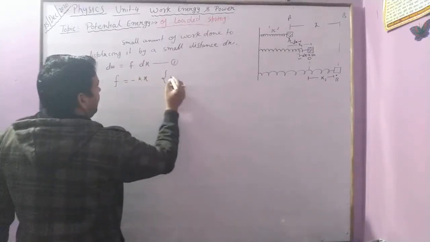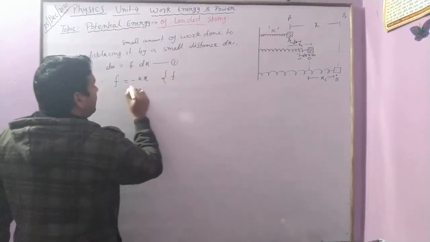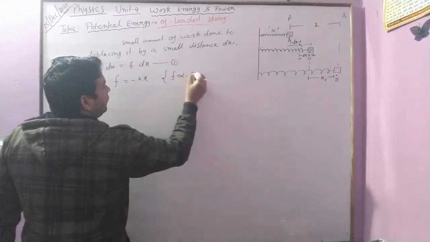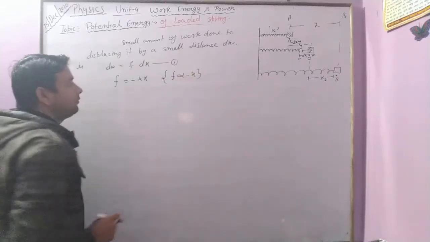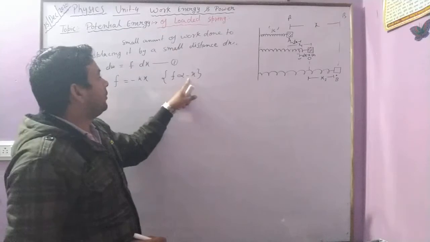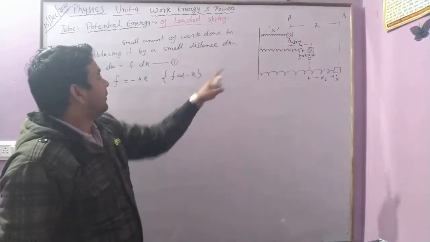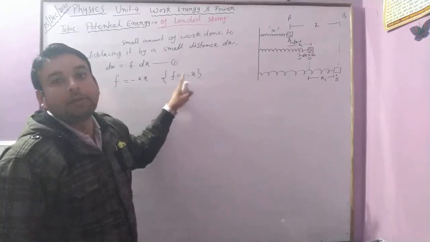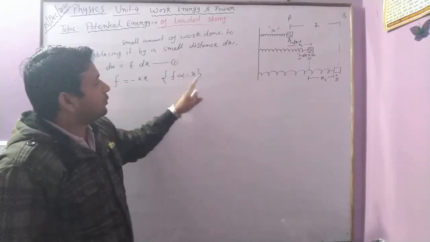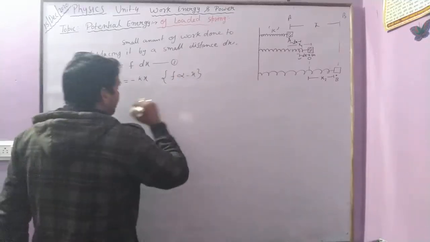Okay, where F is proportional to minus x. Here we are using the word minus x, because the displacement in the spring by applying force is numerically proportional to the force.